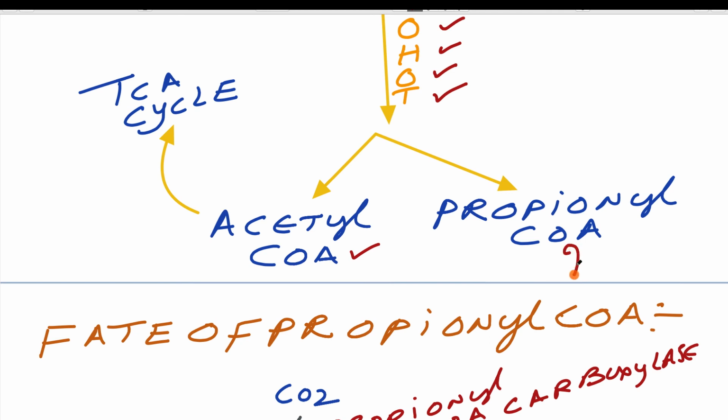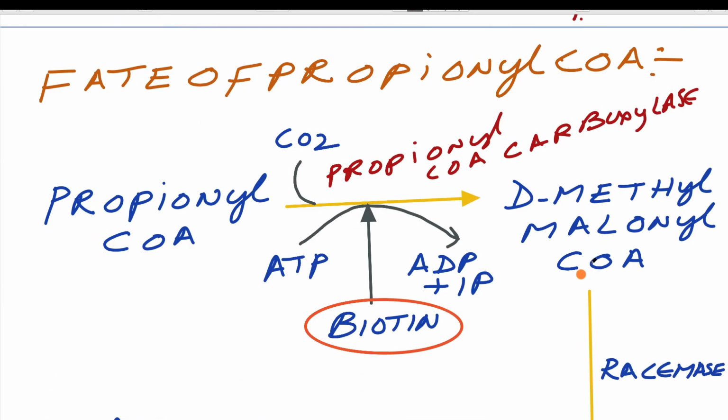What is the fate of this propionyl coenzyme A? Propionyl coenzyme A, in the presence of propionyl coenzyme A carboxylase, has CO2 added, that is carbon dioxide fixation, using ATP and converting it into ADP plus inorganic phosphate.